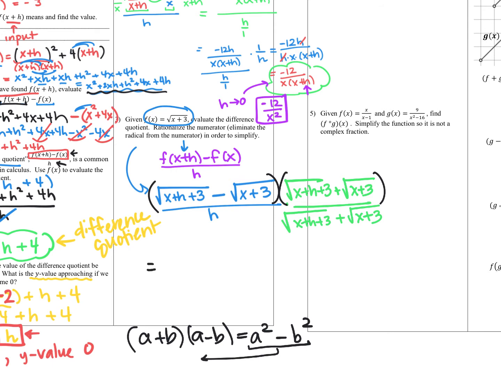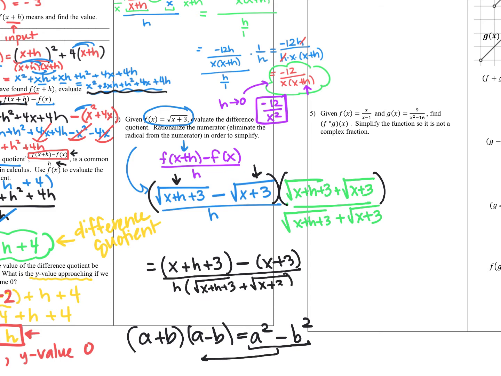So really what's happening for our numerator is that first guy squared undoes that square root of x plus h plus 3. And then that's going to be minus, if we square that second thing, it'll just be x plus 3. And then in the denominator, we'll have h times, now that one doesn't look very pretty, the square root of x plus h plus 3 plus the square root of x plus 3.